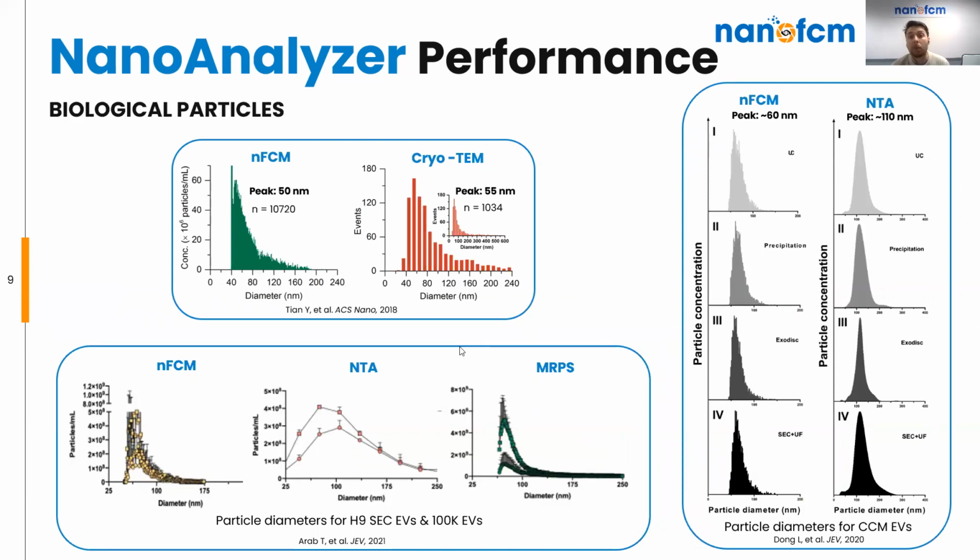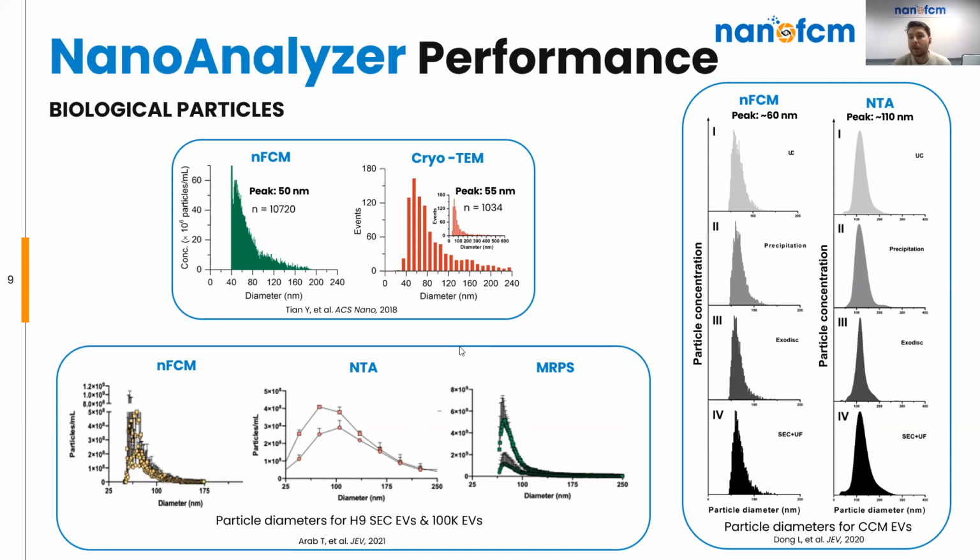Moving on to just some biological particles and some EVs. When we're comparing measurements taken by NanoFlow or by things like TEM or TRPS, we can see that we compare very favorably, with very similar peak measurements to the cryo-TEM in the top panel and very similar measurements to RPS in the bottom left.